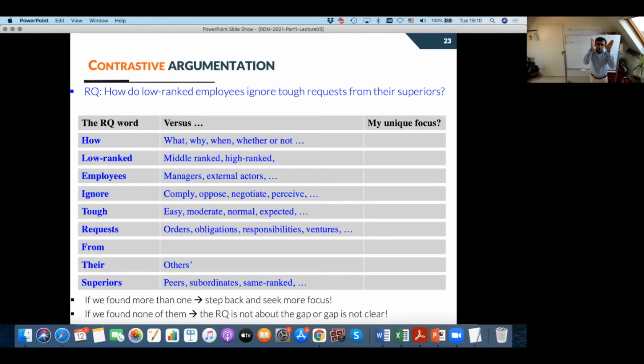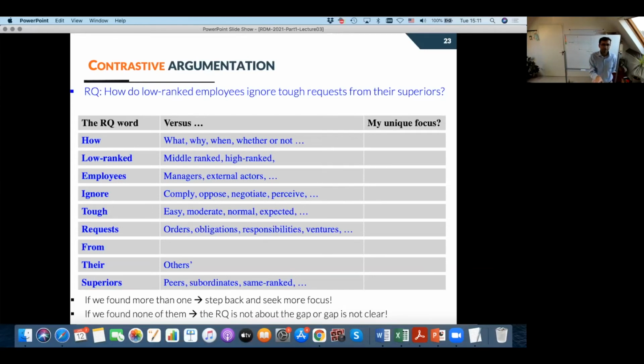But even if you don't change the wording of your research question, this exercise is meant for checking one of these key words in your research question as the contrastive focus. Imagine that in this example, I identify "ignore" as the contrastive focus. What does it mean?